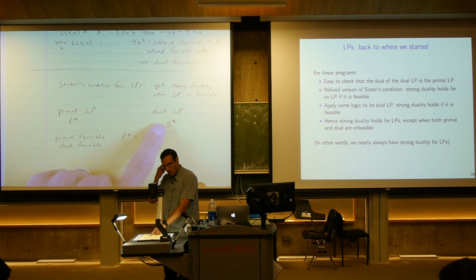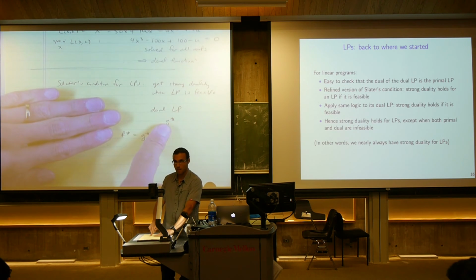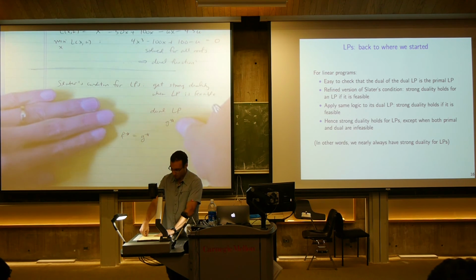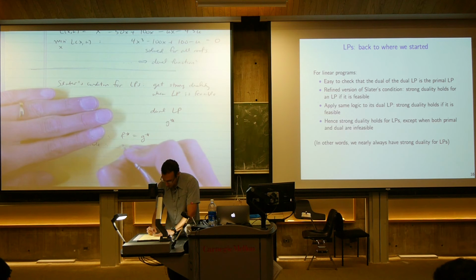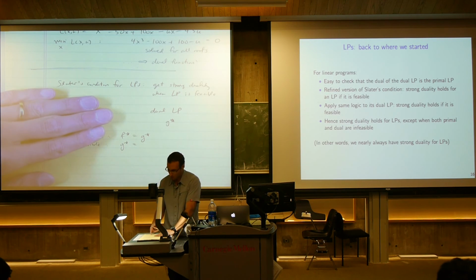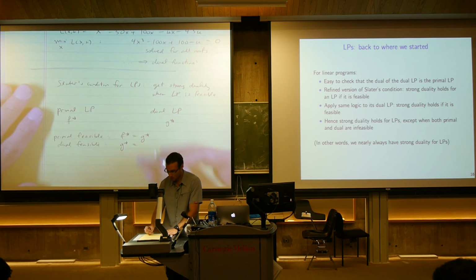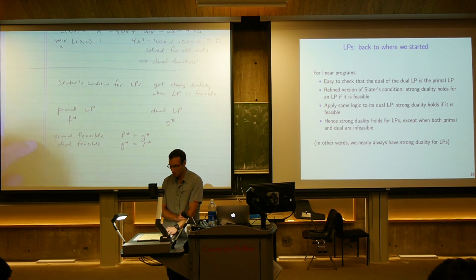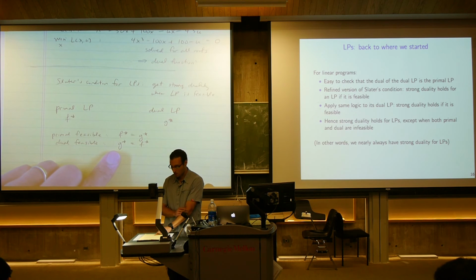Slater's condition says that if the dual is feasible, so I never gave you this, I just gave you this to begin with, and I looked at this linear program, then G star should be equal to the optimum value of the dual linear program, right? That's what strong duality means in the dual. G star equals the optimum value of the dual. But the dual of the dual is the primal, so we get back this conclusion. So if the dual is feasible, we get, again, that G star is equal to F star.